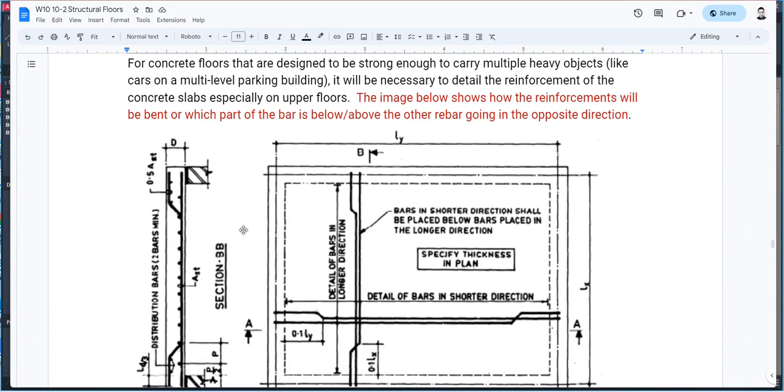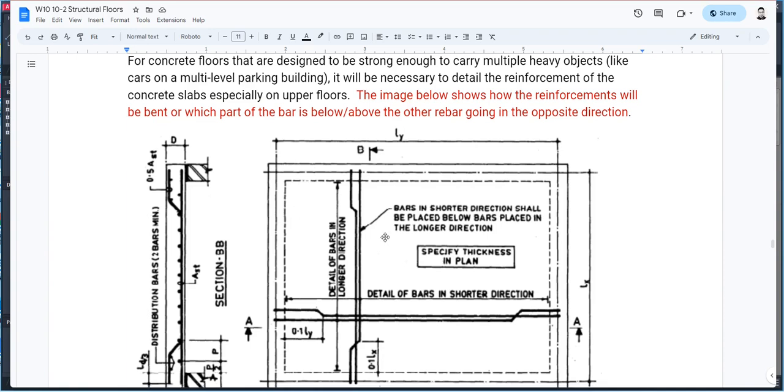Okay. So speaking of car parks, the car parks would have to be designed in a way to carry heavier loads than your typical second floor story for a building or a house, because basically you're carrying cars, right? It's very, very heavy. Multiple cars on the floor, multiple cars driving along that slab.